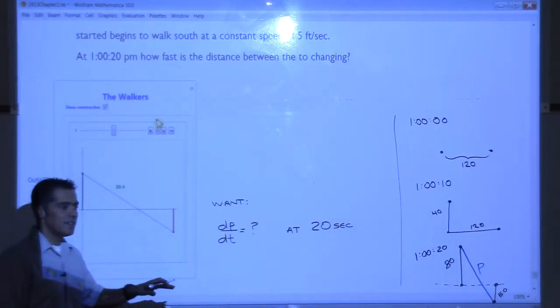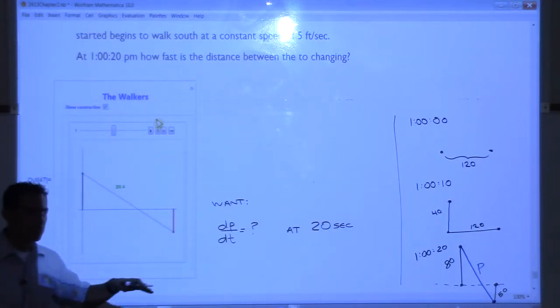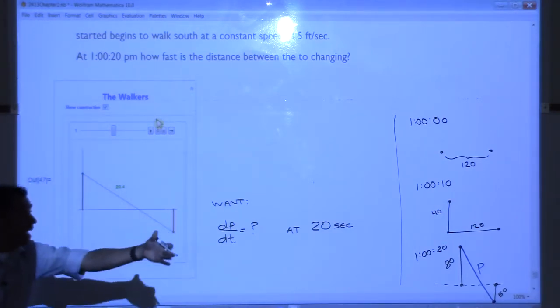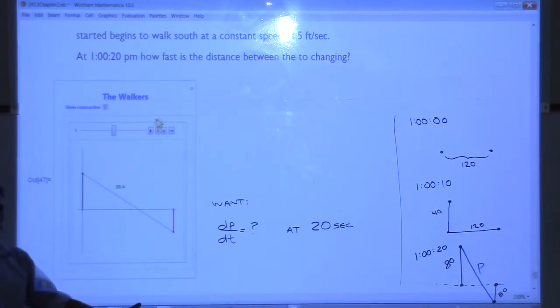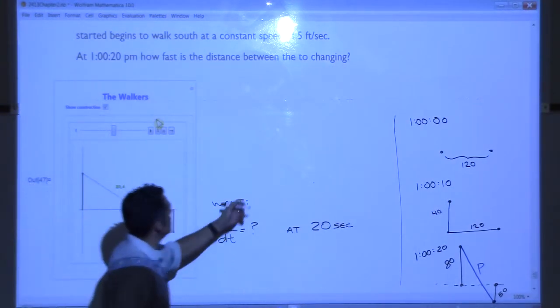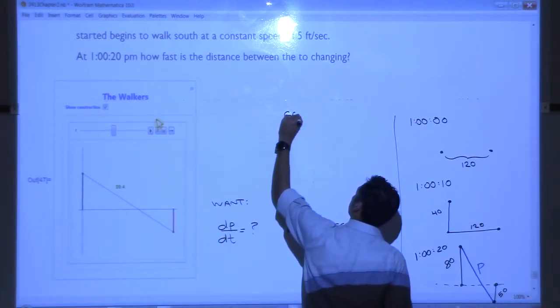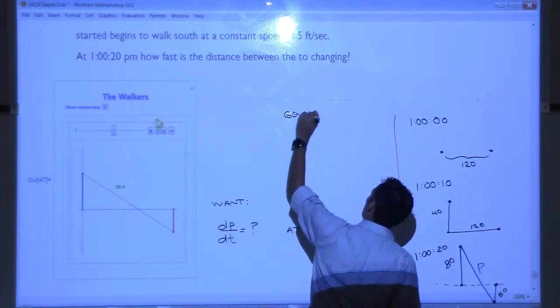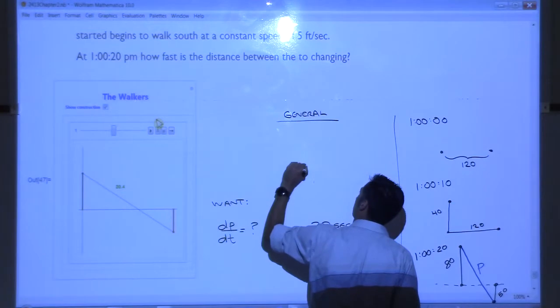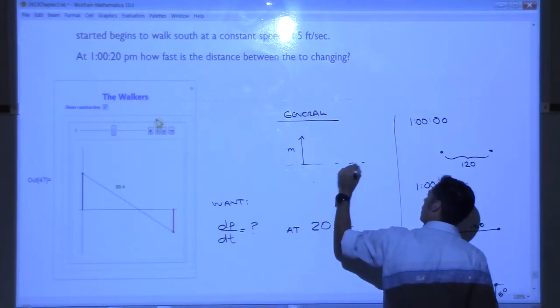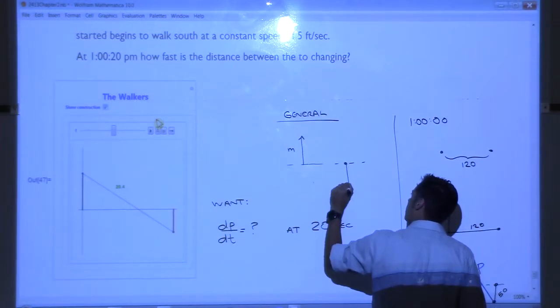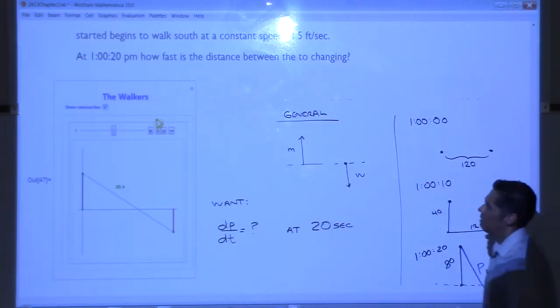The reason I can't say at M equals something and W, is because we haven't labeled anything yet. We need our general picture to assign a variable, then we can come label it. So our general picture is basically some guy walking north and someone walking south, like that, right?